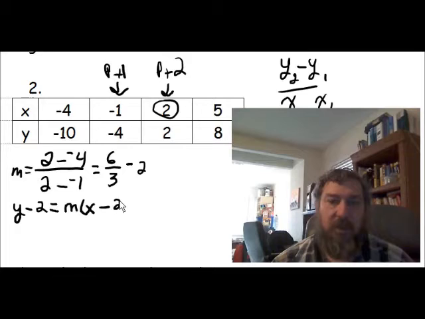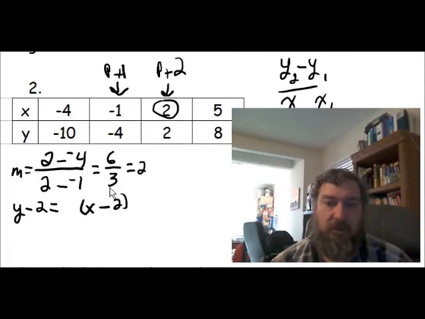Oh, you know, instead of m, I should have put my slope, which is 2. Alright. Let me make sure this says equals here. So my slope is 2.